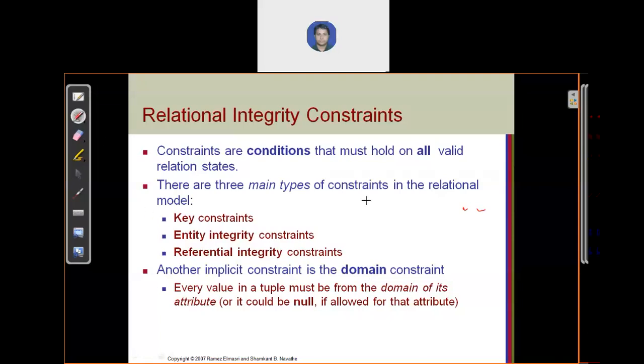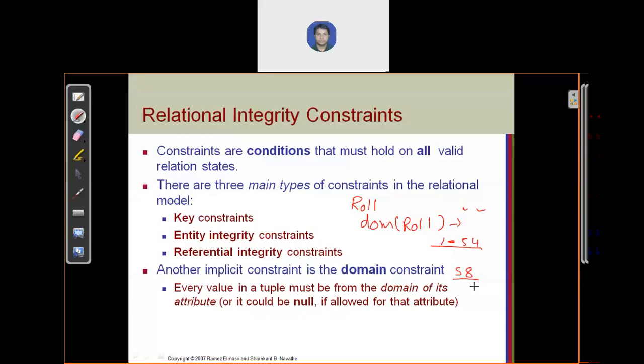Suppose roll number is one attribute and you set the domain of this roll number as values from 1 to 54. Whenever you store or insert any record in your student database for your class, if some student writes roll number 58, you have to show an error or warning message: it's not a valid domain for roll number.